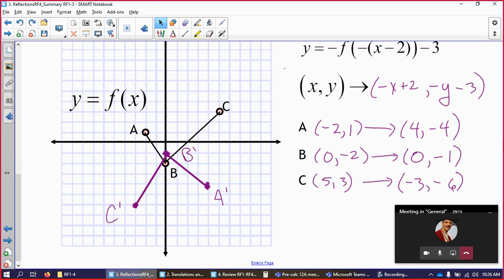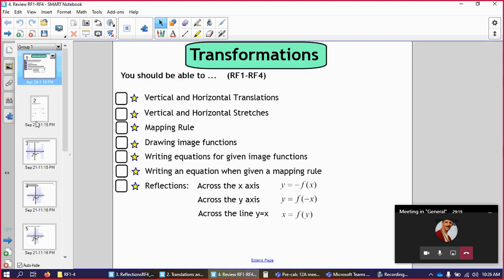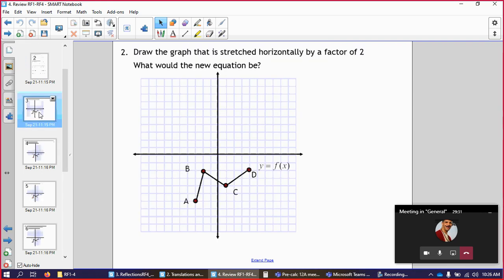So today we looked at reflections. I might shorten a couple of the questions, but this is the assignment. I'm going to post this and say, start to do the first little bit of it. You don't have to copy that. Hopefully everyone has some graph paper. If you don't have graph paper for a question like this, at least write your mapping rule.